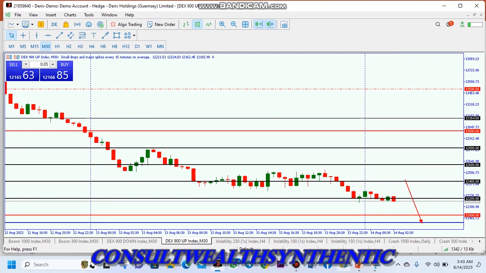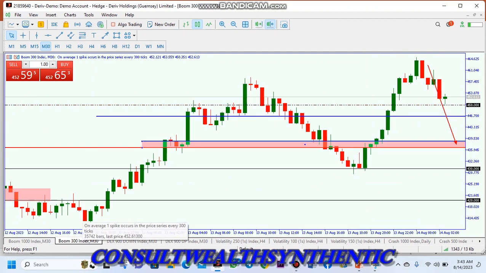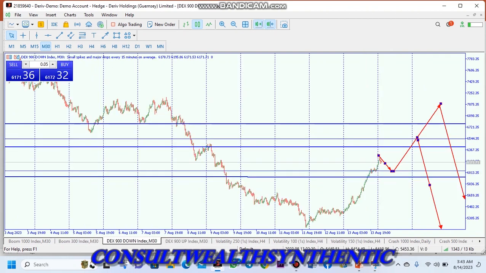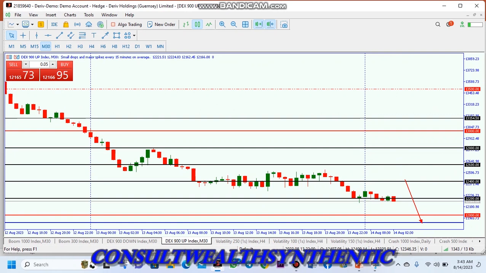So we are looking from 12,200 to 12,000 for a sell for DEX.